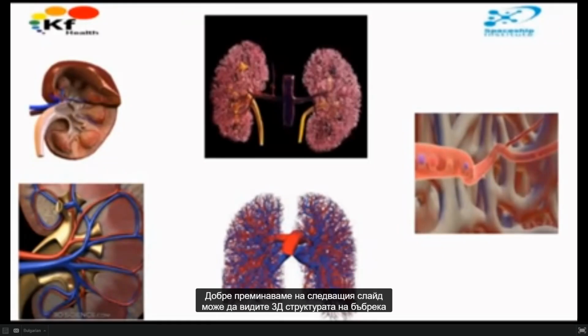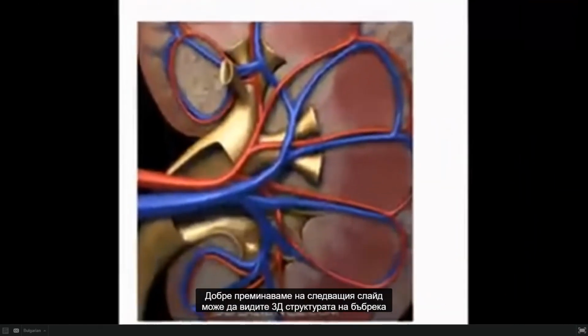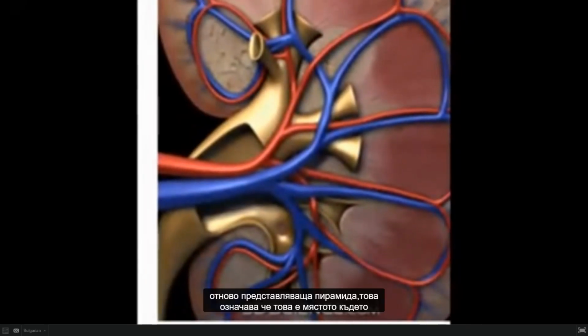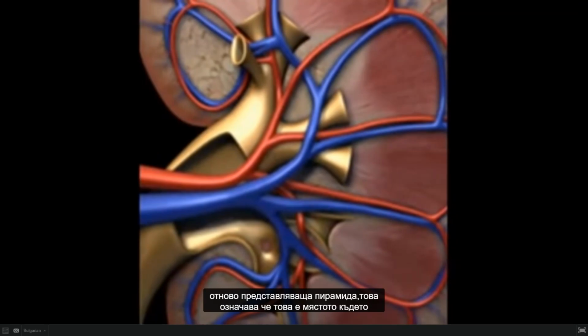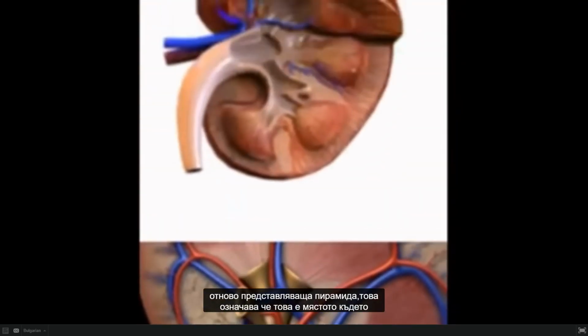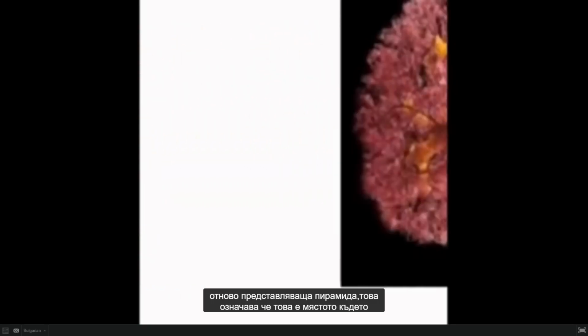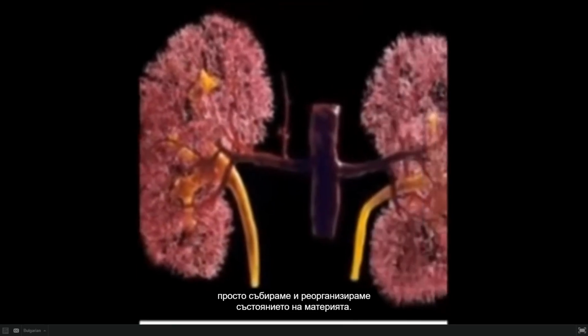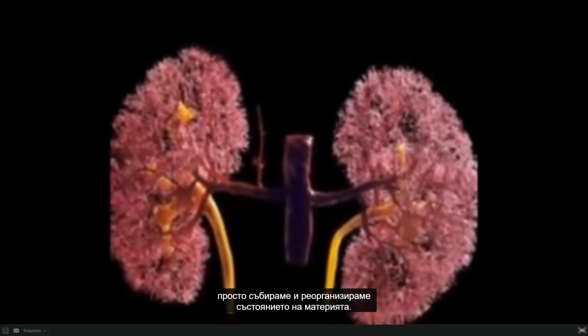On the next slide you can see the 3D structure of the kidney and the substructure, the renal pyramid. Exactly, the 3D structure is representing the pyramid again. So what does this mean? This is the place where we collect and reorganize the state of matter.